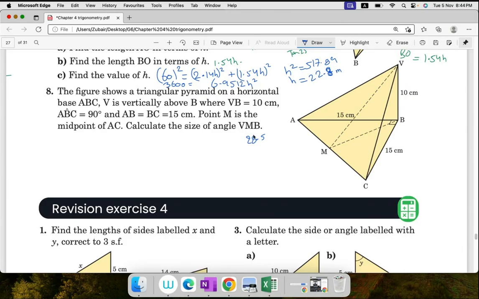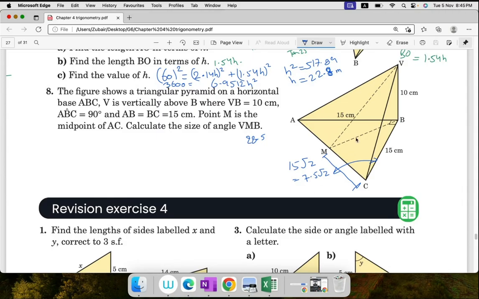We will find AC from 15 and 15. Then we divide by square root 2 and half. That is 7.5 square root 2. And then we can use these two to find MB. Yes, and I did that. For AC, I did the square root of 15 squared plus 15 squared.